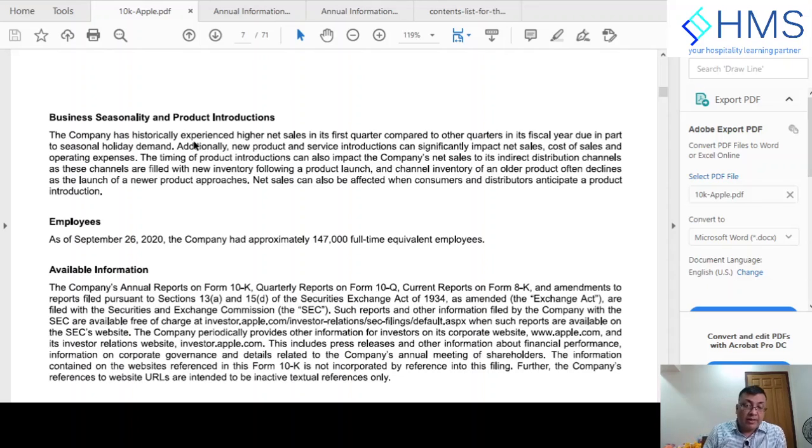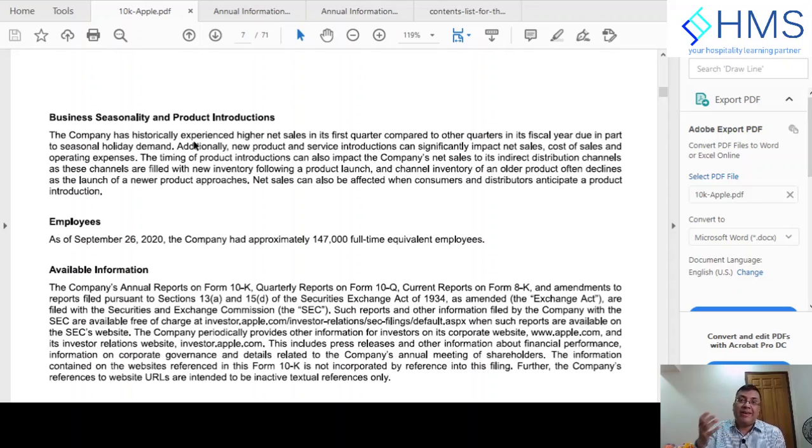Now, the company usually launches its products, as you have seen in the previous section, in September 2020 and November 2020. So normally when you know that the company is launching, in the third quarter of the sales, people tend to wait for the new model, so the sales would drop.